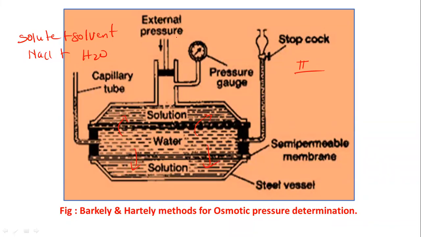When we apply a pressure greater than the osmotic pressure, then reverse osmosis takes place. The solvent molecules come from the solution side to the solvent side. That is, the flow of the solvent takes place from the solution to the solvent.